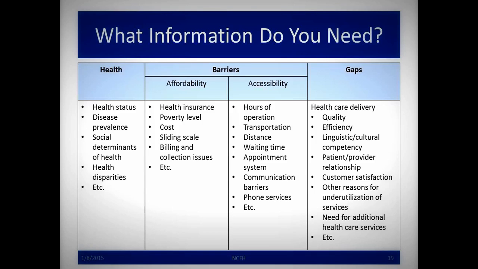How many people have insurance in your area? What are the social or economic determinants that prevent people from accessing care? Is that poverty level? Is the cost too high? Is the sliding scale applicable to the community?